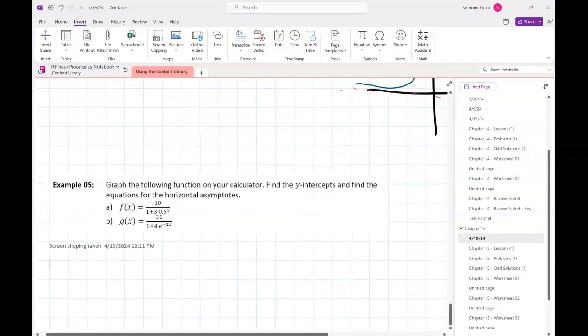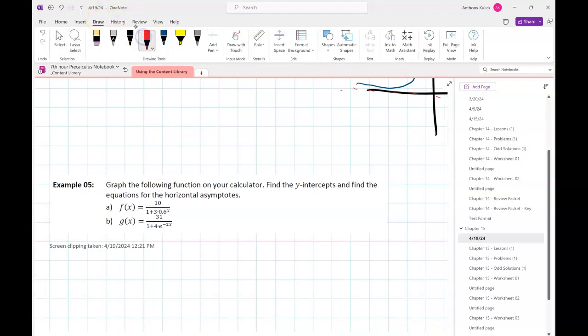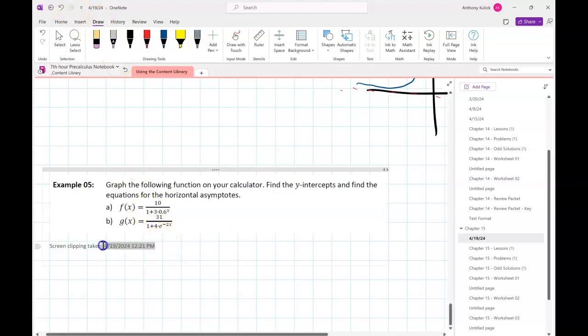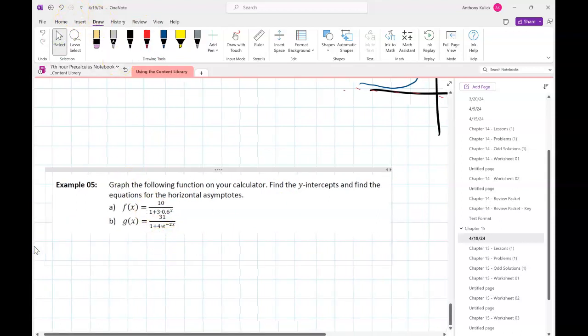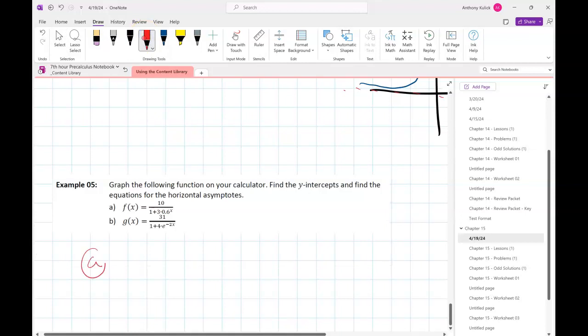So let's say that we have the following two logistic functions. Let's find the asymptotes and then the y-intercepts. So what are the asymptotes for A?